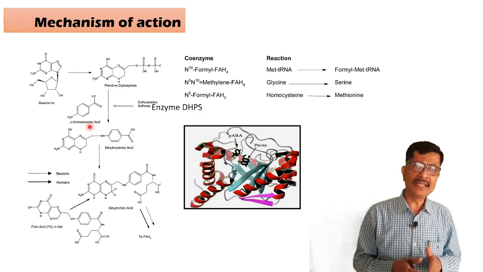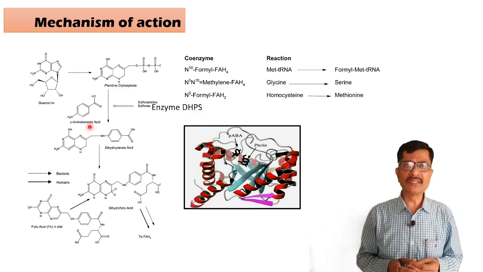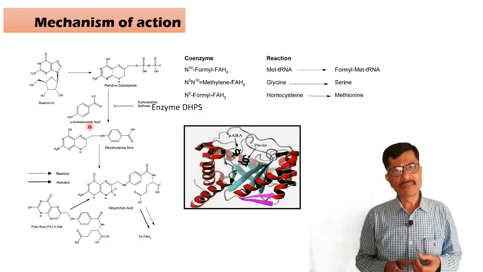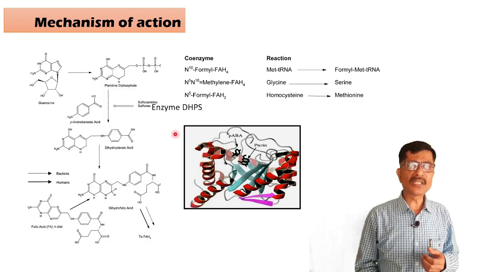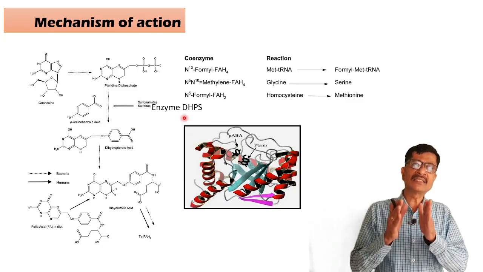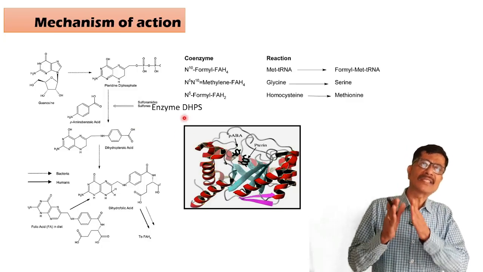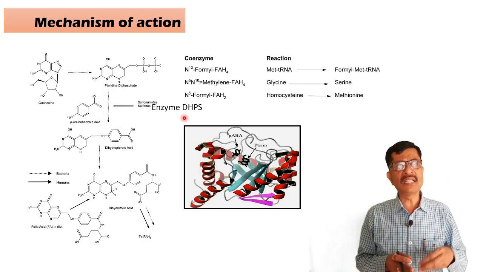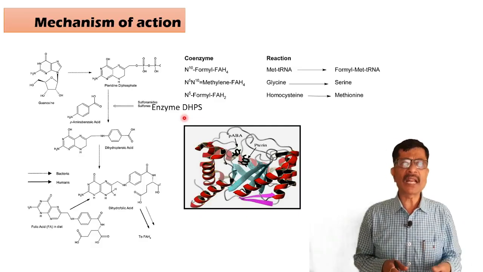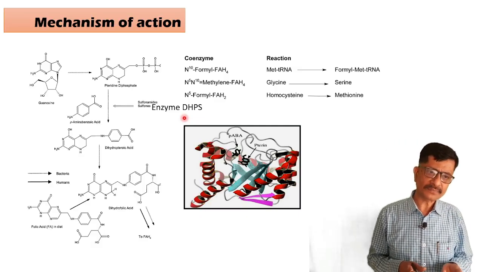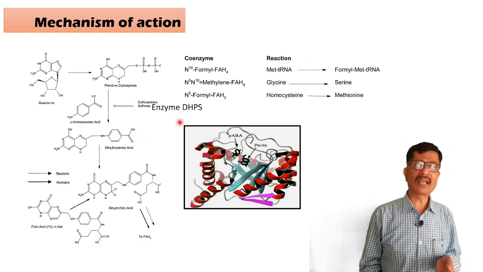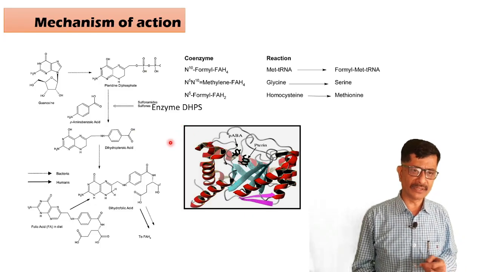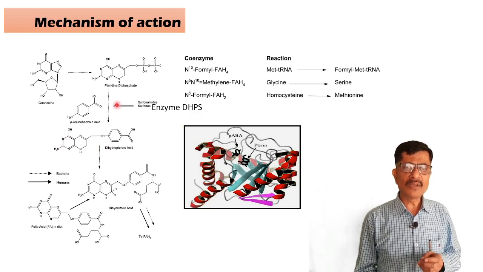The reason is that when there is pus formation, there is a larger amount of para-aminobenzoic acid, and the dose of sulfonamide given is not sufficient to competitively inhibit it, because there is much more para-aminobenzoic acid present in the pus. So the sulfonamide class of antibacterials is ineffective when there is pus formation. So this is a kind of competitive inhibition.